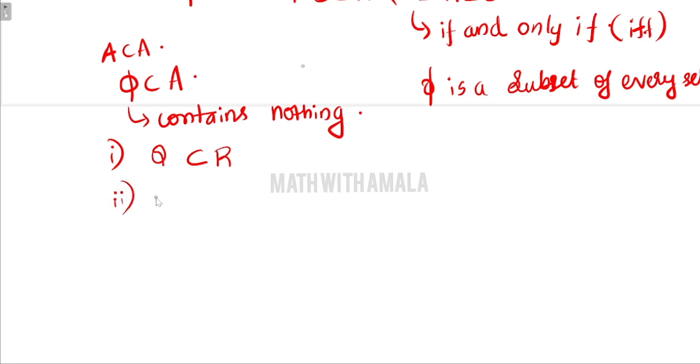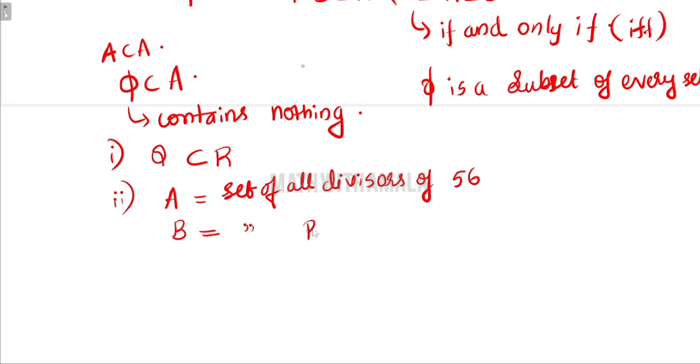So you can say Q, the set of rationals, is a subset of the real numbers, because R is the mother set to all other sets like whole numbers, natural numbers, integers, rationals, irrationals, etc. Okay, second one. A is equal to the set of all divisors of 56.